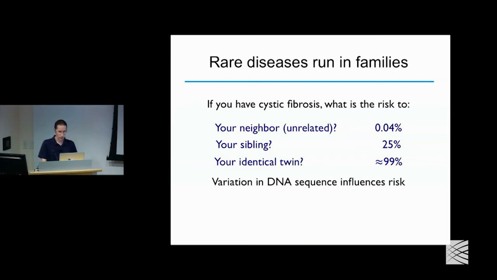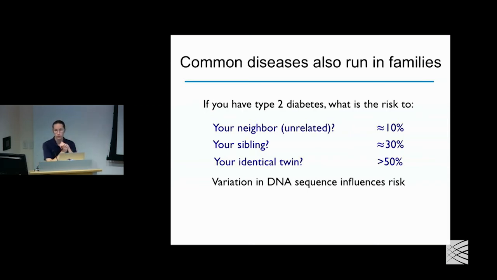Now, as it turns out, common diseases also run in families, and you can make heritability estimates. Here are some numbers for lifetime risk to type 2 diabetes, perhaps, given in a certain population. The numbers for many other common diseases, neuropsychiatric diseases, immune-mediated diseases, are even more profoundly different, from identical twins back to siblings, back to neighbors.